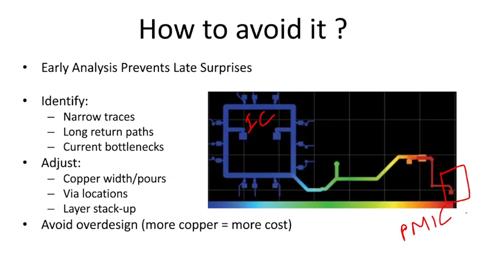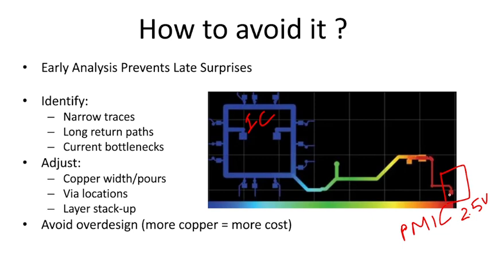Let us say this PMIC is operating at 2.5 volts. Operating at 2.5 volts is happening on some high-end computing machines, but if you are talking about your laptops and mobiles, those may be operating at 1 volt or 1.5 volts. The voltage levels are reducing as the technology is enhancing.